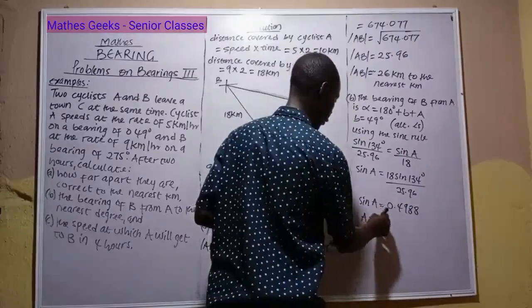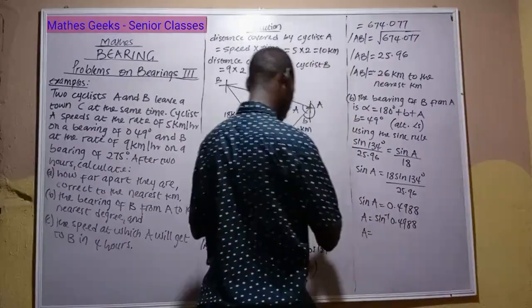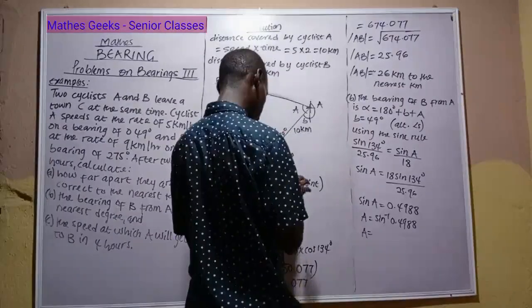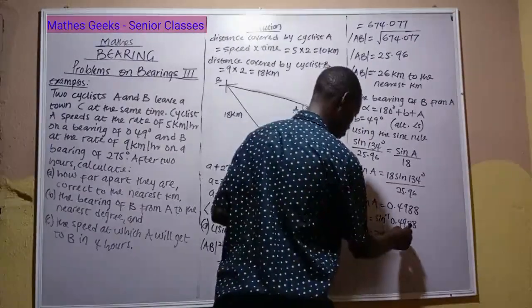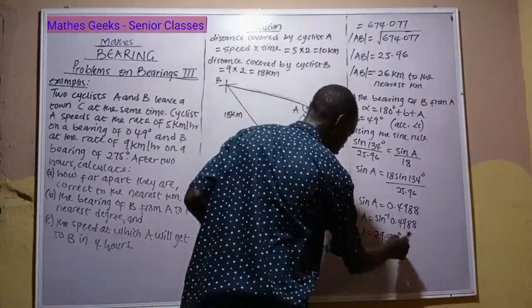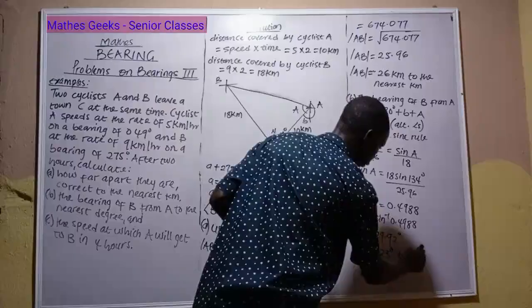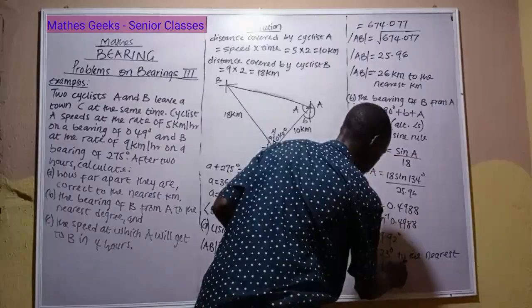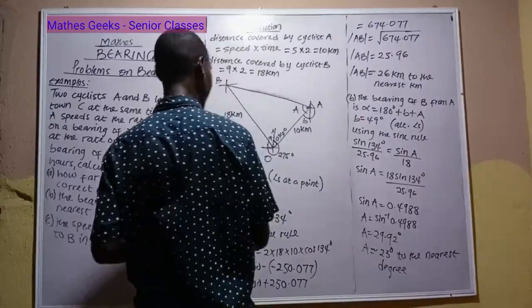So E is equal to arc sine 0.4988, and E is equal to 29.92 degrees. And we're supposed to get the value to the nearest degree. So E is approximately 30 degrees to the nearest degree. So this is not our final answer.